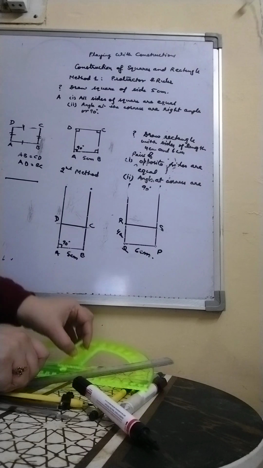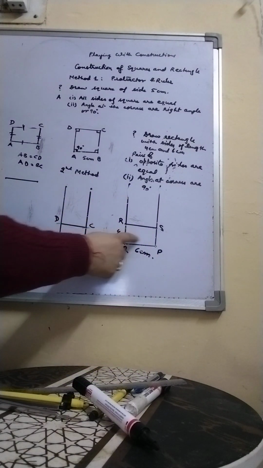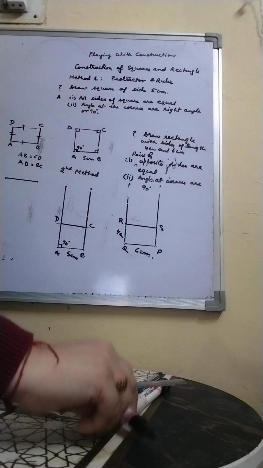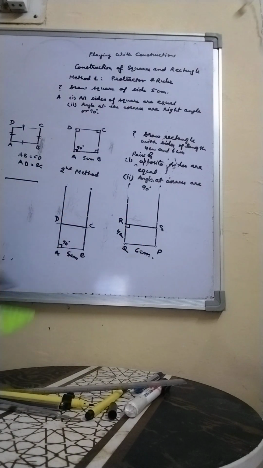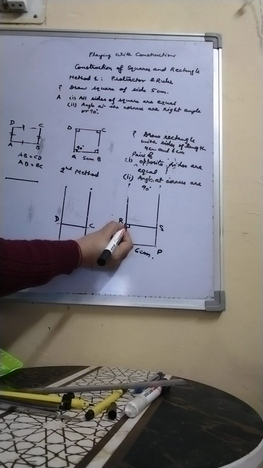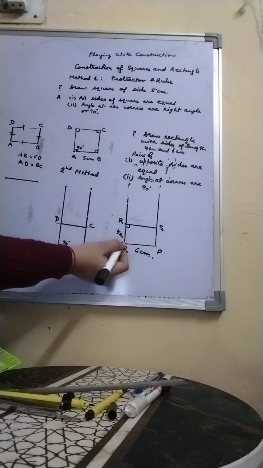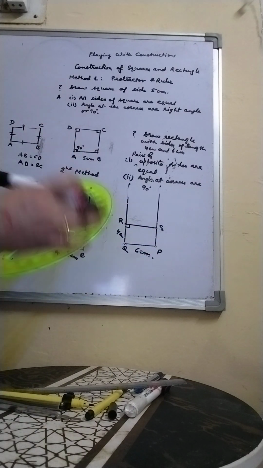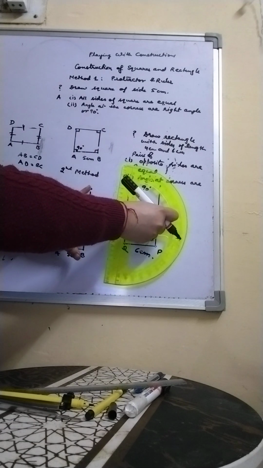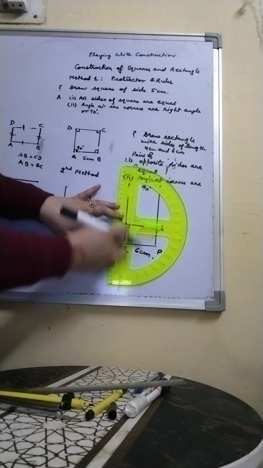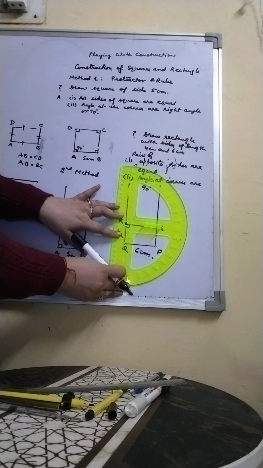So in this way you get the rectangular property. Then you have to check the 90 degree. These two we have made already 90 degree. We would measure angle R. Now you should yourself recall how you measure the angle at R. So basically the vertex is R. Either you take RQ or RS, it's your choice. So suppose I take RQ. So I will put the center at the vertex R and align the protractor with the RQ line.